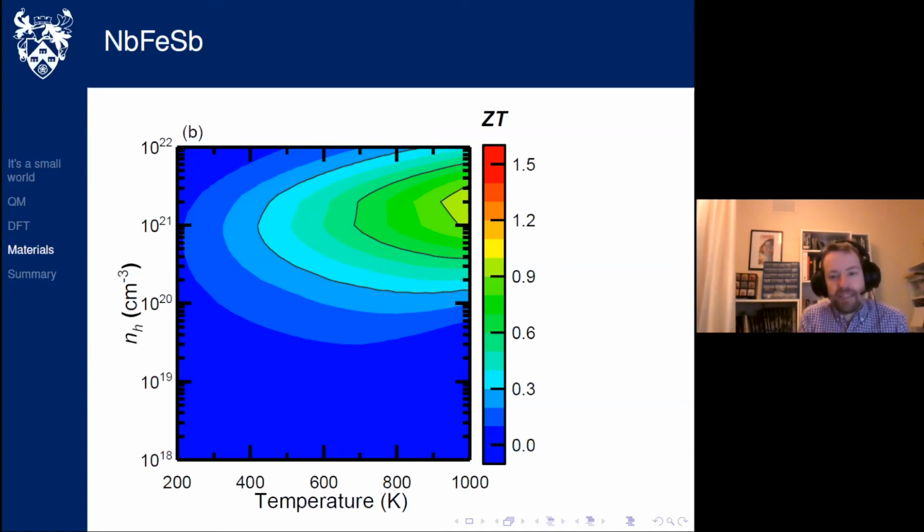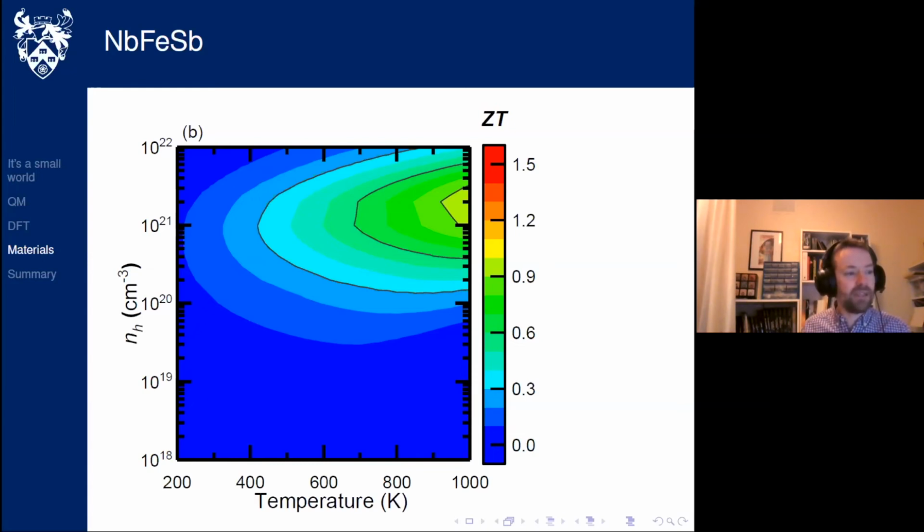And actually, how good it is depends on the temperature. So I've done a plot here of the temperature, that's the horizontal axis, and on the vertical axis, I've plotted how many extra charge carriers I've put in. So how I've doped the material. And then in the colors, you can see what ZT it has, everywhere from basically nothing through to the medium blues, which is what's readily available commercially, to the light greens, which are the good commercial materials.